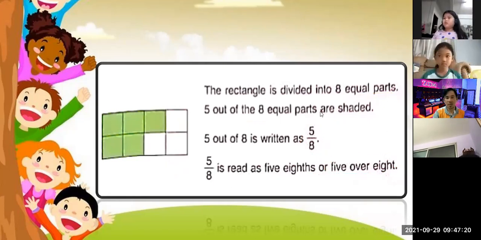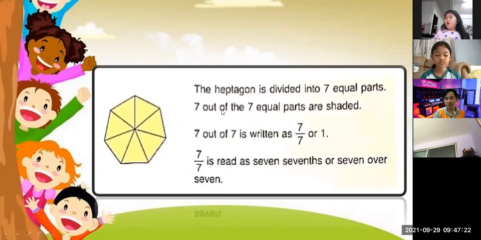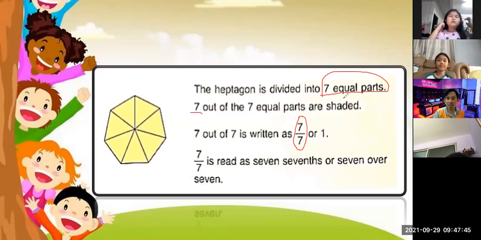Now the next part, let me erase this one first because it will cover our next slide. The next part is the heptagon. The heptagon is divided into how many equal parts? There are 7 equal parts. Why 7/7? Because all parts are shaded. Out of 7, all parts are shaded, meaning it has colors.